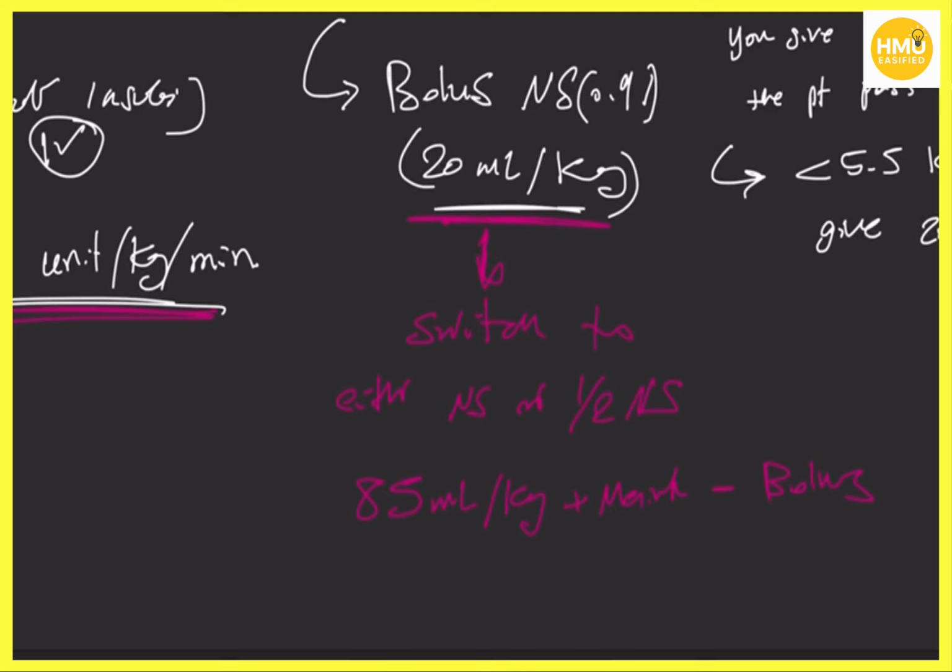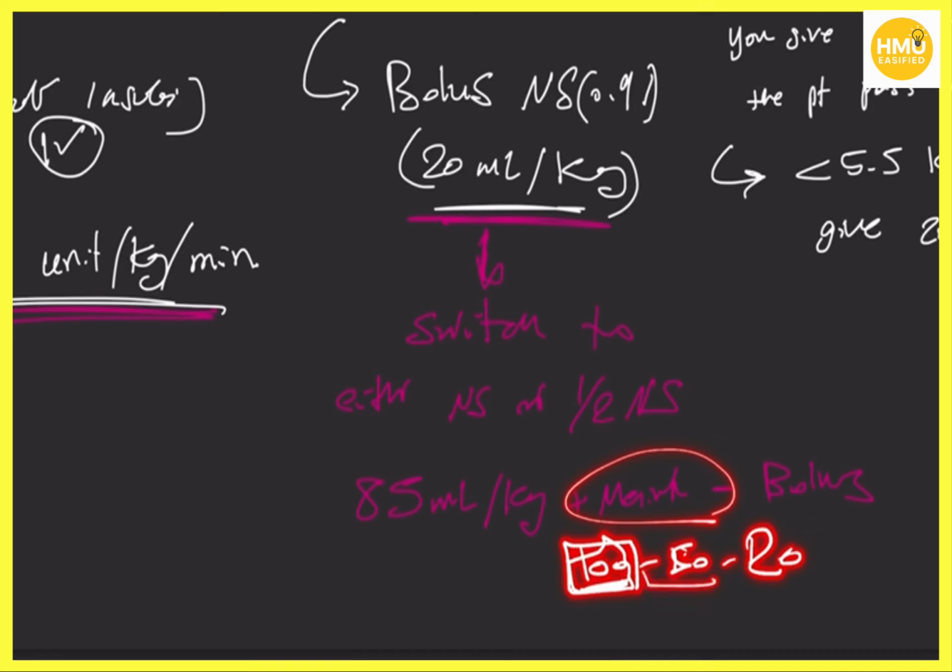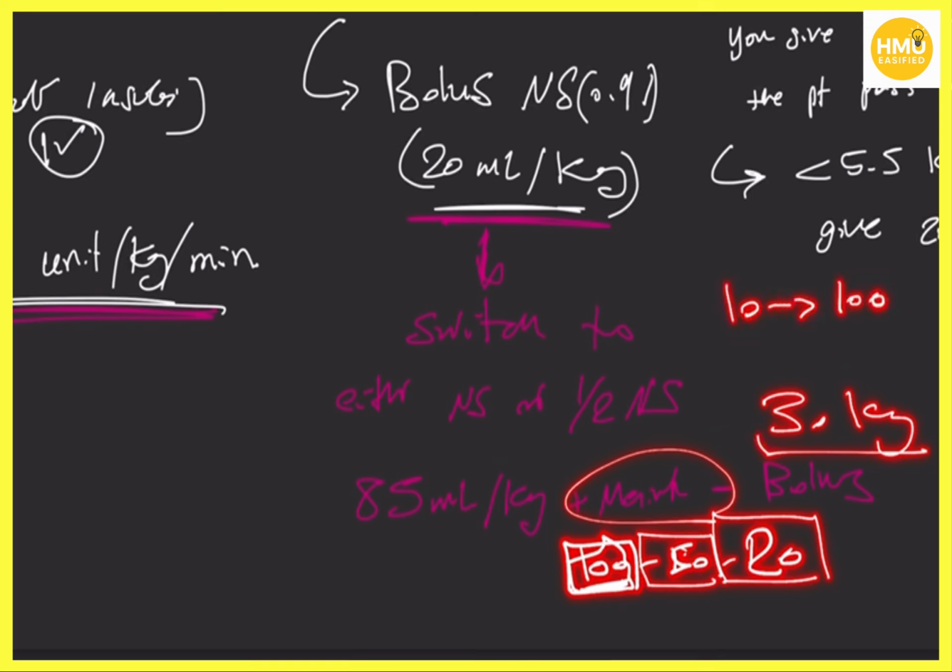So just a quick example for someone who understands what maintenance is. Maintenance is basically the amount of fluid that the patient needs regularly, and it's calculated in children by the 100, 50, 20 rule. The first 10 kg is multiplied by 100, the second 10 kg is multiplied by 50, and the rest is multiplied by 20. So if the patient has 30 kg, the first 10 kg gives 1,000 because 100 multiplied by 10.